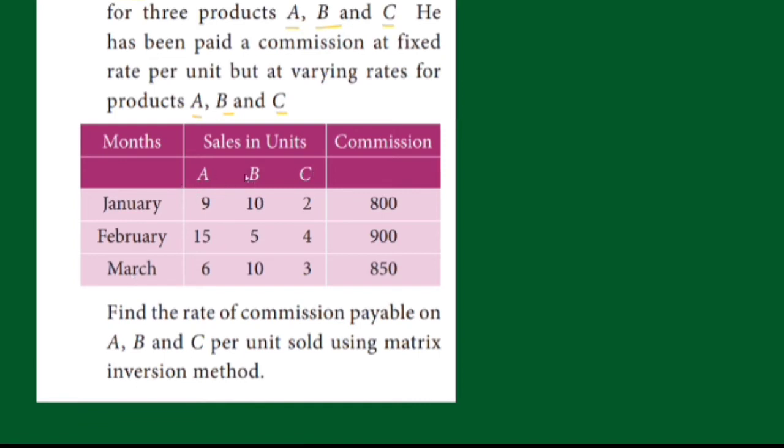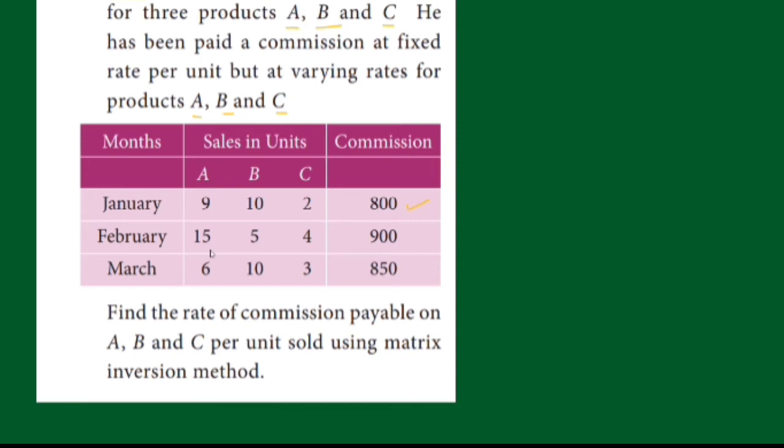There are 3 products A, B and C. So the month of January, 9 units of the product A, 10 units of the product B, 2 units of the product C, and the commission is 800 rupees.